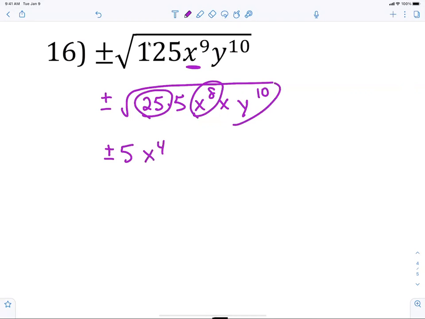What's the square root of y to the 10th? Y to the 5th? Square root 5x is left behind. Everybody okay with that?